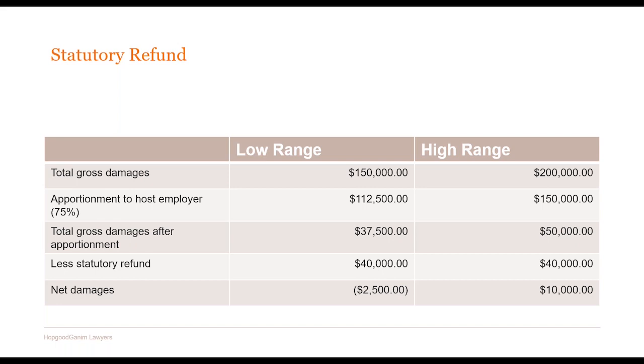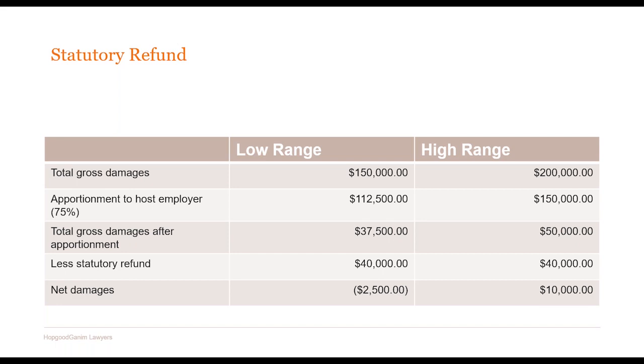So we talk about the net damages as being the total damages less that statutory refund. And you can see on that example there, we've got the total gross damages after apportionment, and then we deduct the refund to arrive at the net damages.